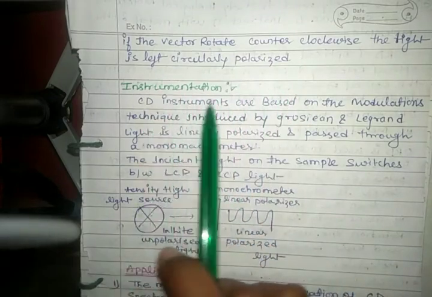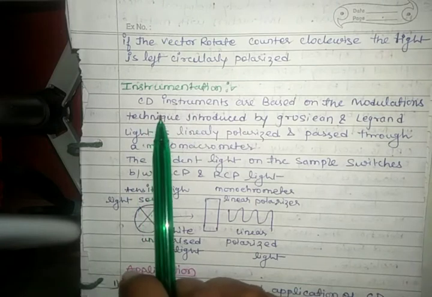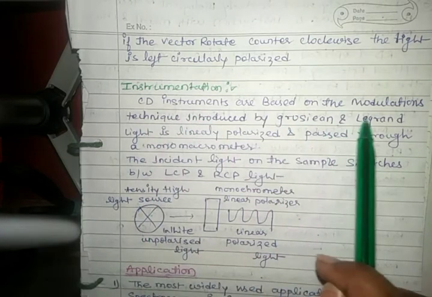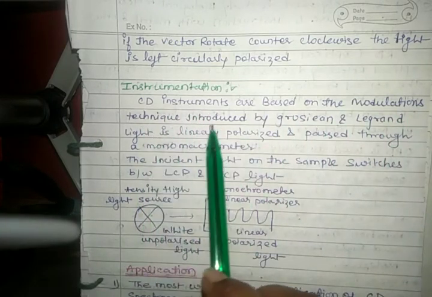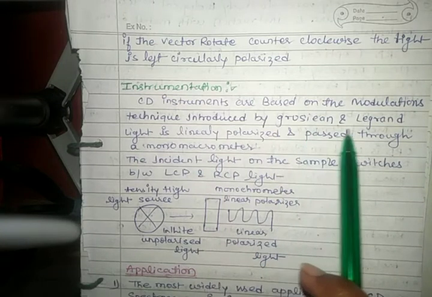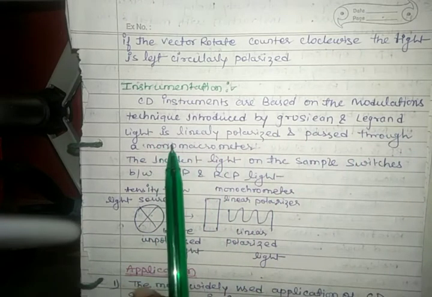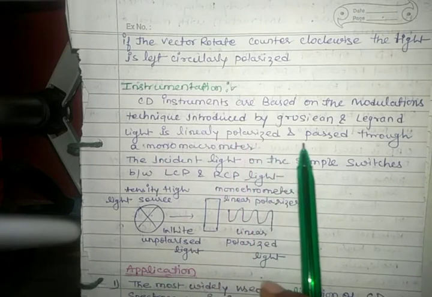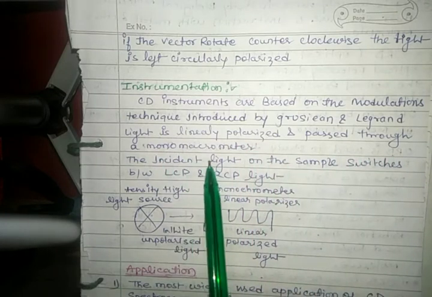Next, we see instrumentation of CD. CD instruments are based on the modulation technique introduced by Gaussian and Lagrange. Light is linearly polarized and passed through a monochromator.